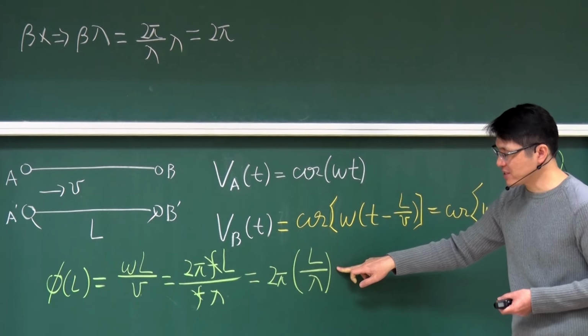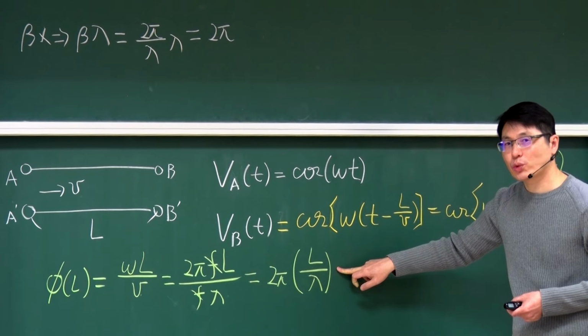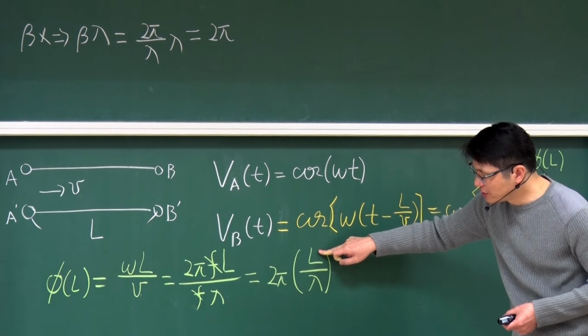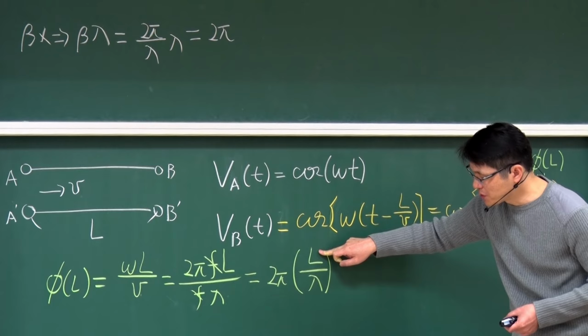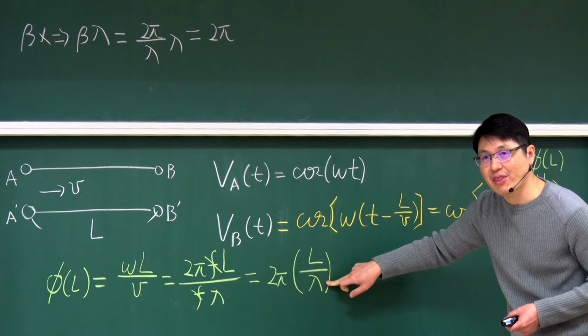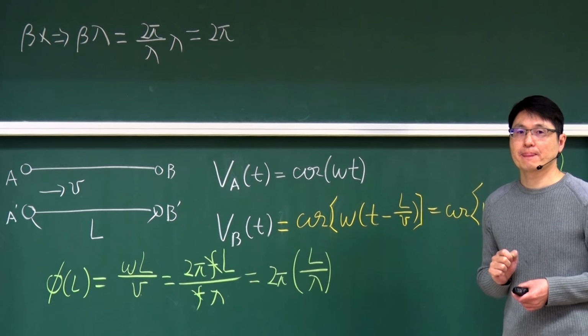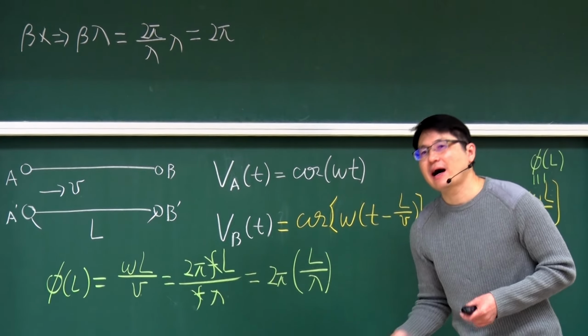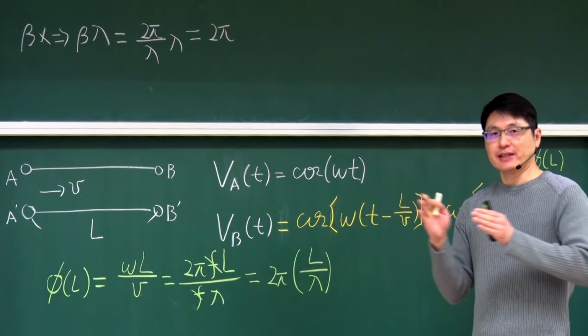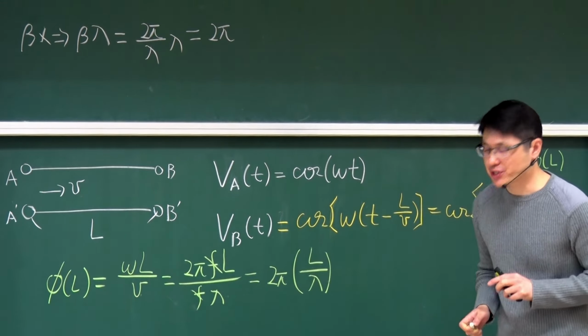And that phase difference can be described by the ratio of the length of the transmission line to the wavelength, then multiplied by 2 pi. Okay. So now I can try to divide into two situations.